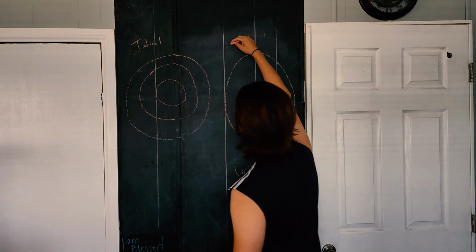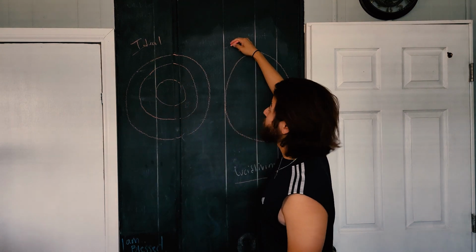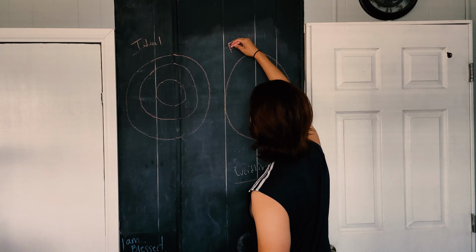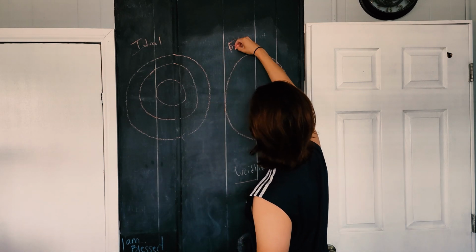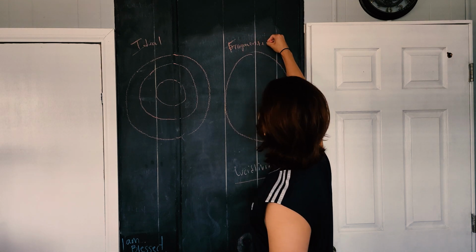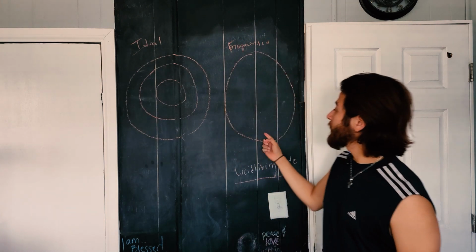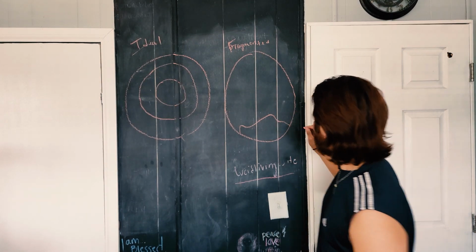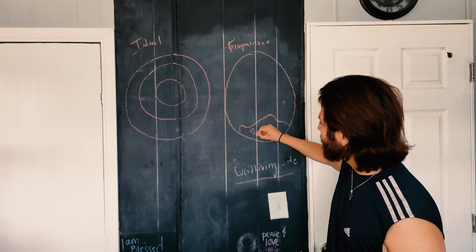And this is probably where most people are, which would be the segmented self or the fragmented self. Fragmented. So this self right here is going to look a little bit like this, where this is where we're going to have our persona.